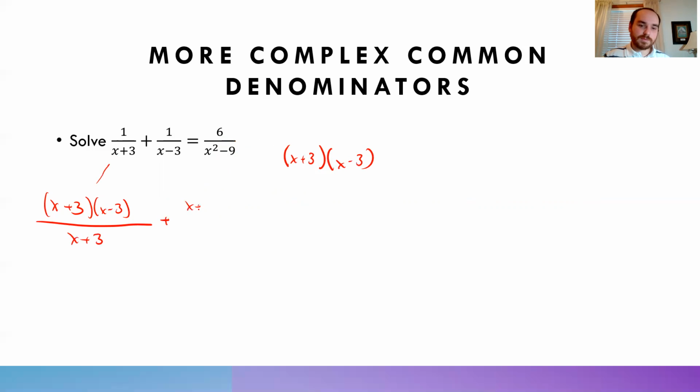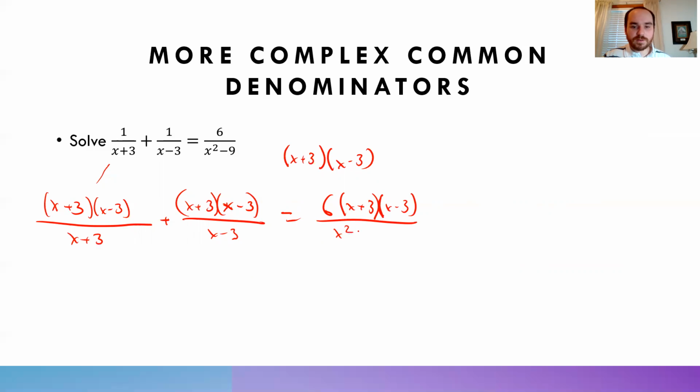Plus x plus 3, x minus 3 over x minus 3, and then equals 6 times x plus 3, x minus 3 over x squared minus 9. Now, I just got through explaining that these are the same thing. This is equal to that, so these cancel. That part's easy. On this side, we have the x minus 3 cancels. And on this side, we have the x plus 3 cancels.